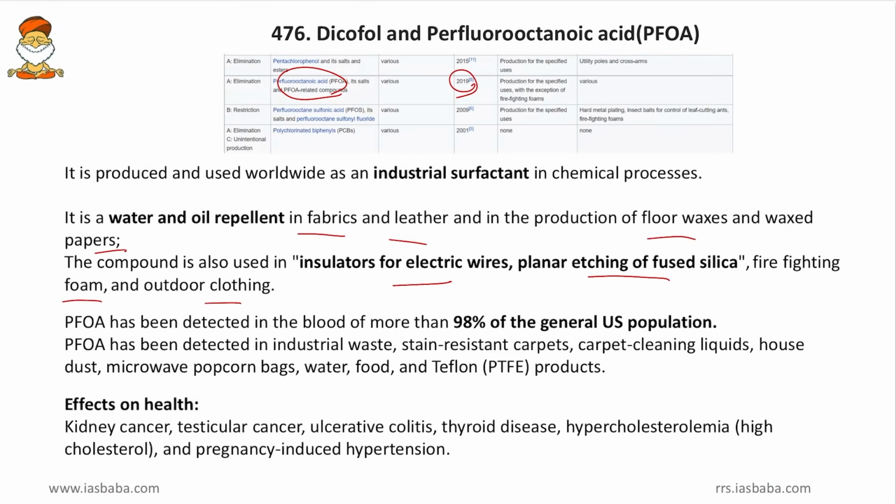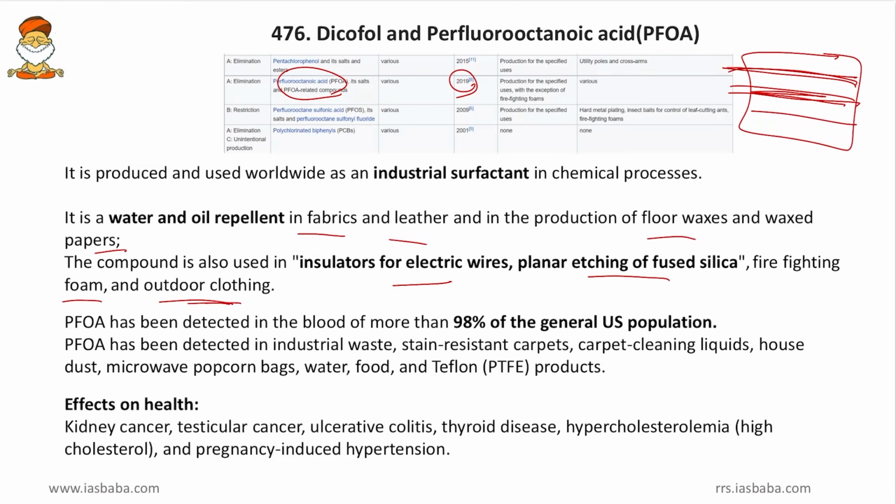Then the planar etching of fused silica means there will be a fused silica element, and in this fused silica some planes will be specifically etched and some circuits and others can be embedded in these grooves. So that is how the planar etching is done, and this perfluorooctanoic acid can be used to etch those parts of the plane. Then they are used as firefighting foams as well. So they are used as fire extinguishers. Then they are used for outdoor clothing. So just like technical textiles, these are also used.